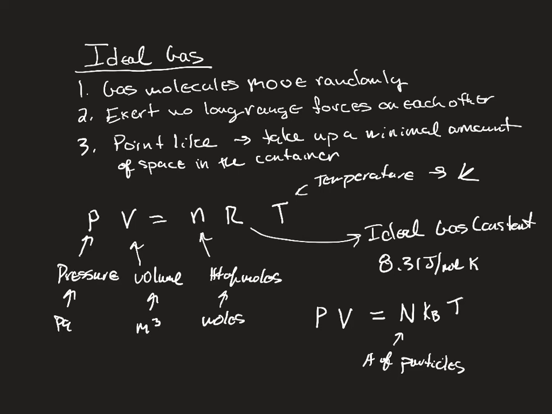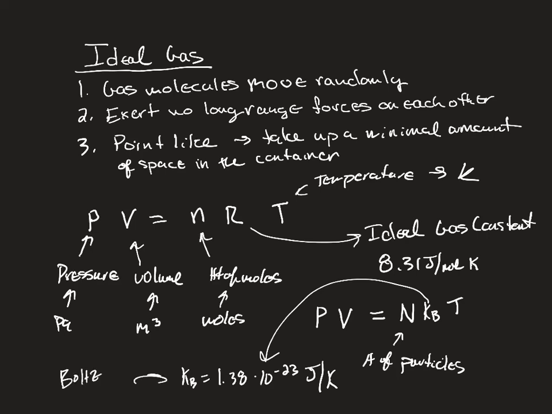And then we still have temperature. So the Boltzmann constant here equals 1.38 times 10 to the minus 23 joules per Kelvin. And so we call this the Boltzmann constant. And this is going to come up in another relationship later on in this chapter too.